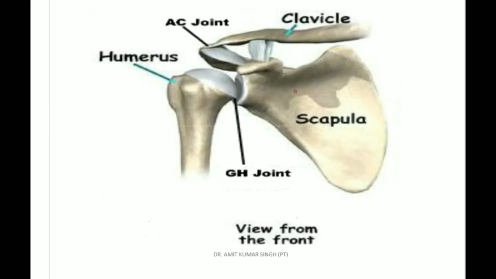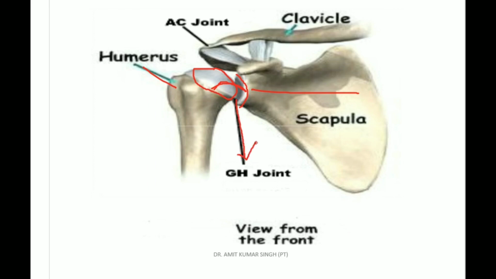So here is the image for the shoulder joint. On the left side, this is our humerus bone, this is our scapula bone. In the scapula, this is our glenoid fossa, this is our head of humerus. If there is an articulation between the head of humerus and glenoid fossa, that joint is known as the glenohumeral joint.